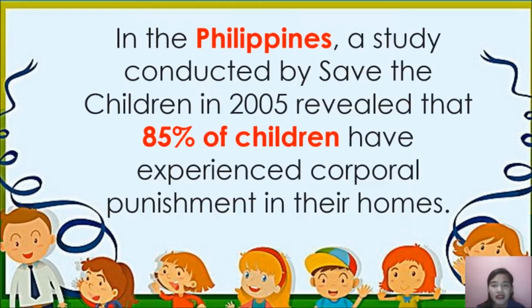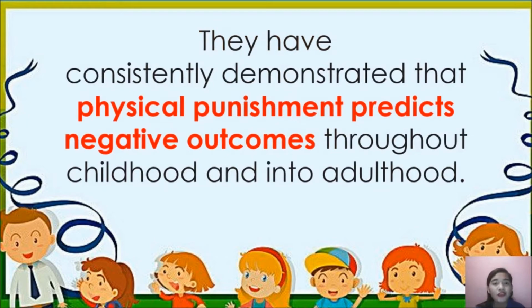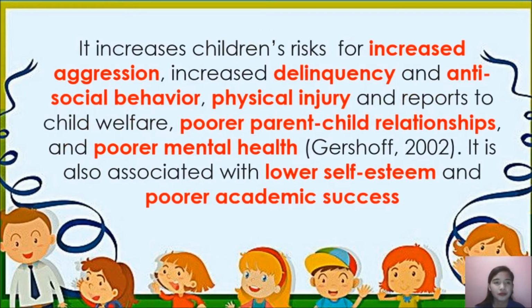In the Philippines, a study conducted by Save the Children in 2005 found that 85% of children have experienced corporal punishment in their homes. It means they are being abused or harmed by their families. Studies have consistently demonstrated that physical punishment predicts negative outcomes throughout childhood and into adulthood.